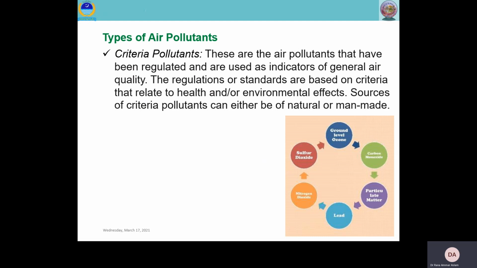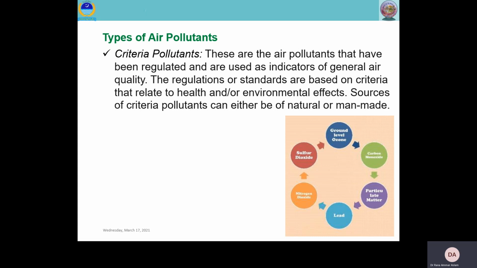And secondary pollutants are those formed in the atmosphere as a result of chemical reaction of primary pollutants. So the primary pollutants are the source of secondary pollutants. It is also notable that some of the primary pollutants can also be secondary pollutants, and we will see these concepts in the coming slides.